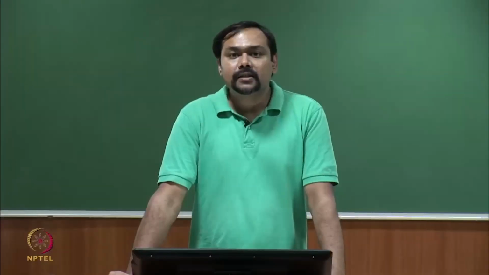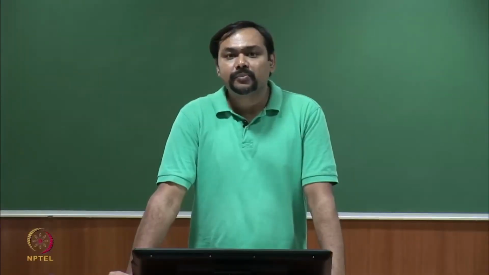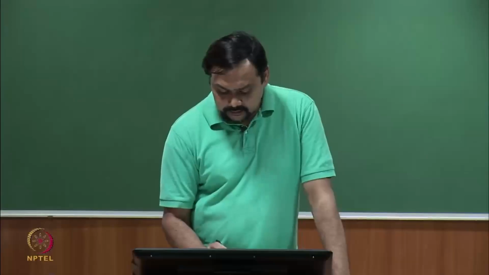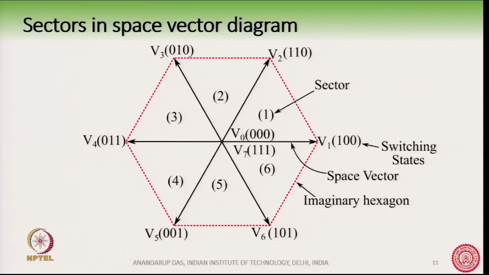So, this is the complete space vector diagram, where we can see the 6 active vectors and the 2 zero vectors along with the boundary of the space vector diagram, and also that this space vector diagram is divided into 6 sectors.